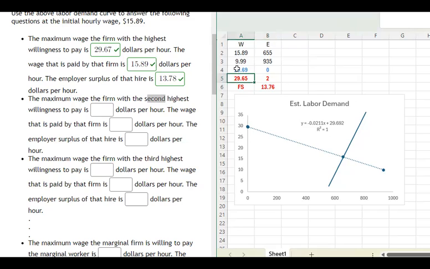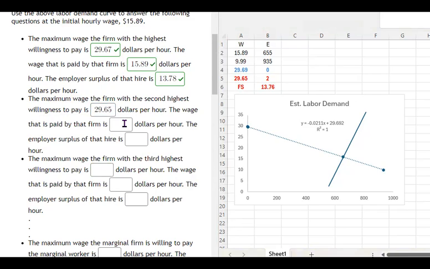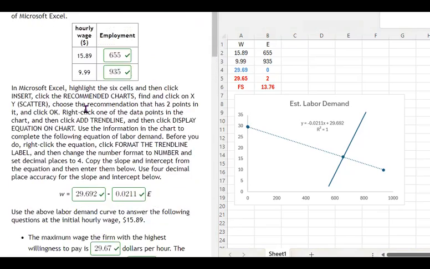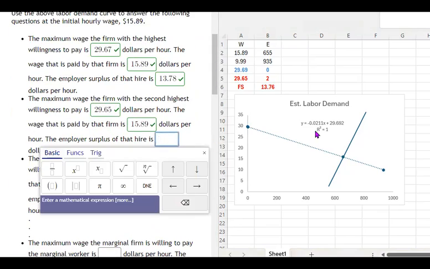Well, you're willing to pay that person $29.65, and they only have to pay the market wage of $15.89. So although they're willing to pay $29.65 to the second worker, they're only going to pay $15.89, and the employer surplus is $13.76. It fell a little bit.